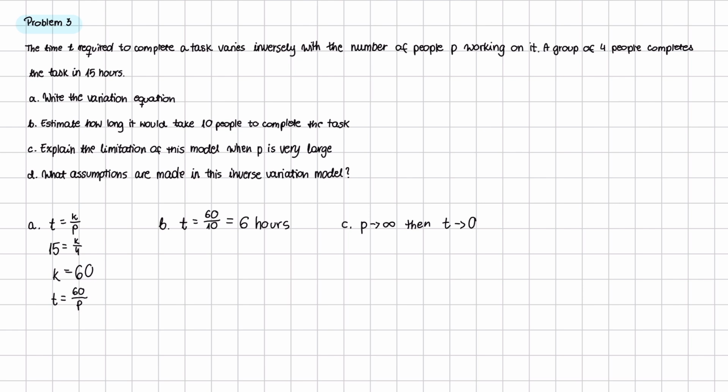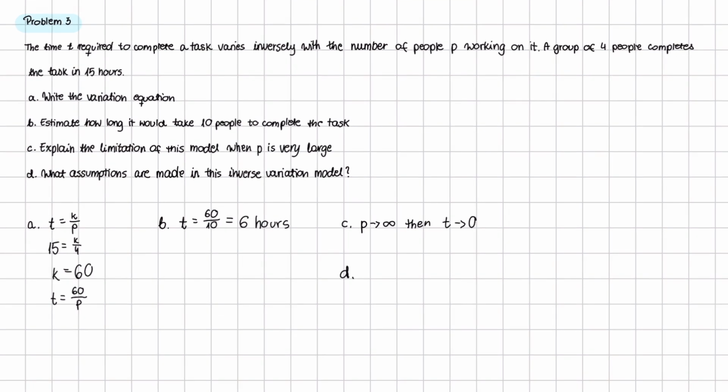So it's not really true that with a very large number of people, the time required to complete a task will be very small. And D, what assumptions are made in this inverse variation model?